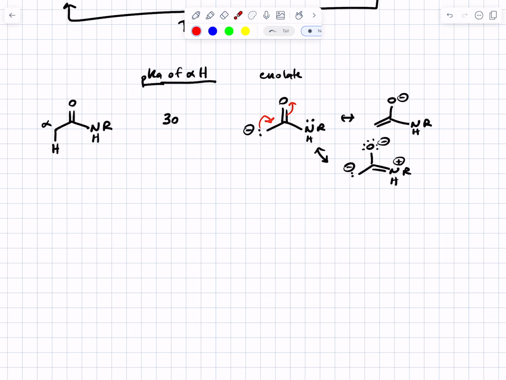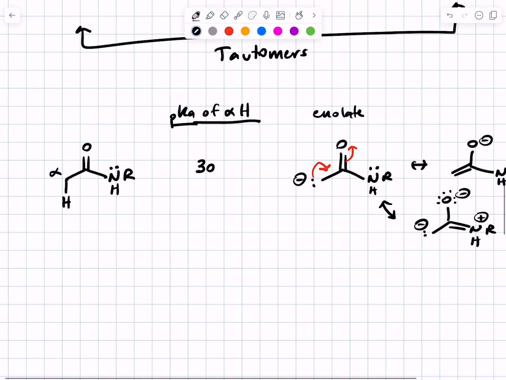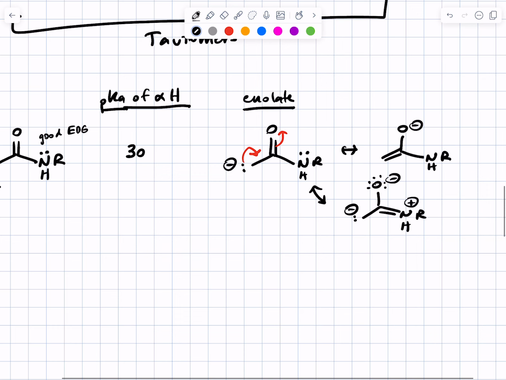In general, what you will see is that because of the lone pair on the nitrogen and the fact that nitrogen's less electronegative, say, than oxygen, nitrogen is a good electron donating group, and carbonyls with good electron donating groups directly attached to them are not very electron poor, they're not very reactive, and their enolates are correspondingly unstable.